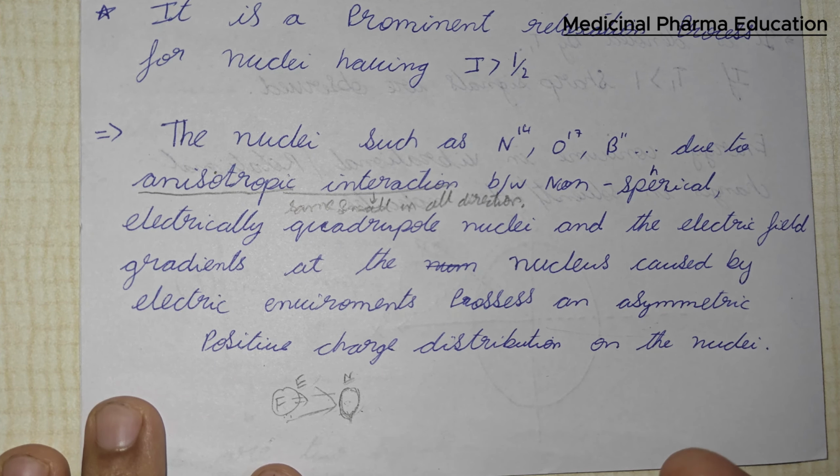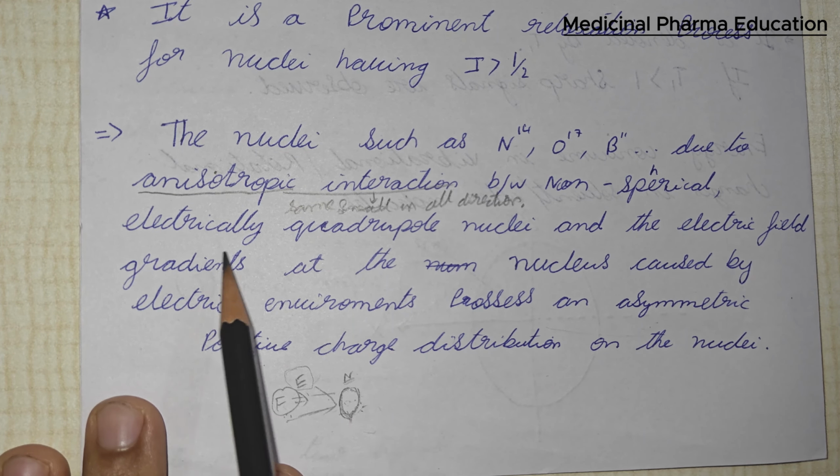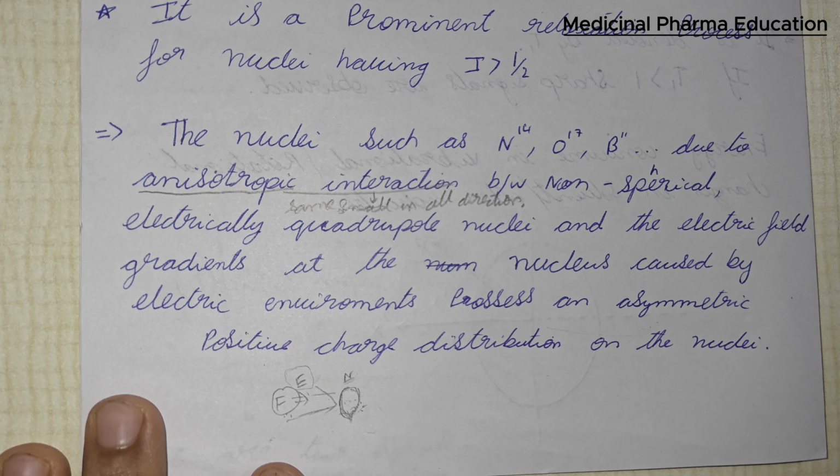If air is blown, the balloon will automatically shake. In the same way, the electric environment is applied to this non-spherical quadrupole nucleus, where it shakes and releases the energy out. I will explain the diagram.